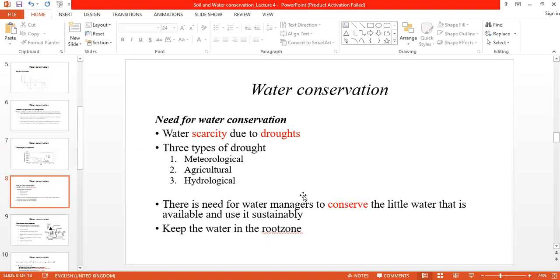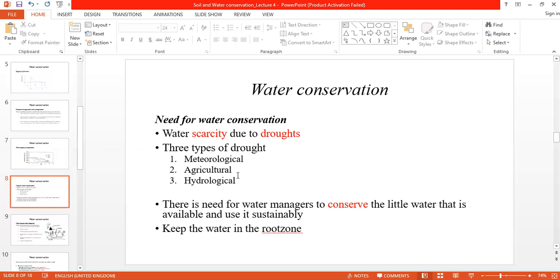Because of drought, you have less rain and less water than you would desire for your farm. There's meteorological drought, which is when you have less rainfall this year compared to the average, the normal.